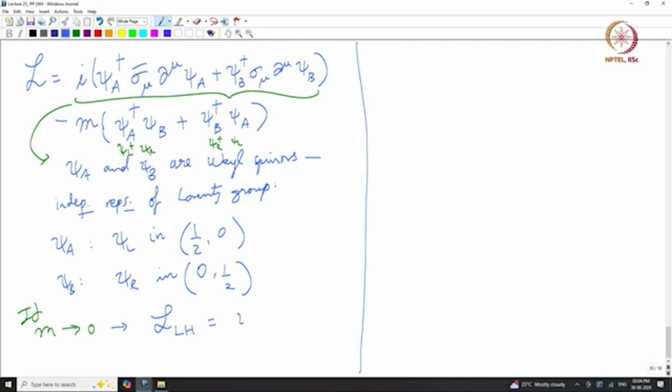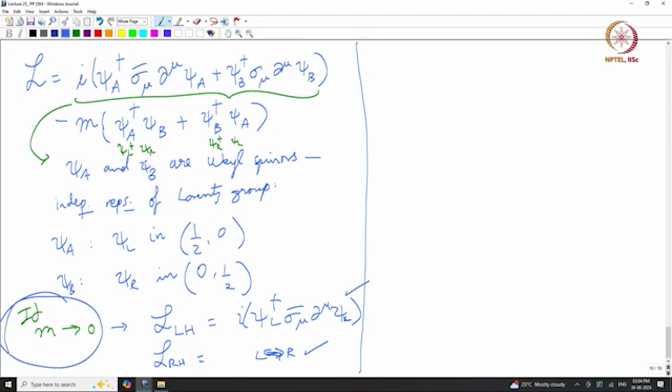Let me just write it very quickly, so that there is no ambiguity. This is the Lagrangian for just the left handed field, and then I can have a Lagrangian for just the right handed field. I just replace left with right here. In other words, I can have independent theories for left and right handed if the mass is 0.